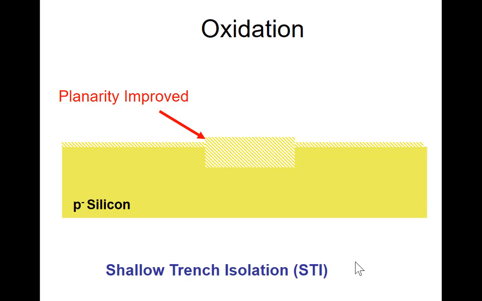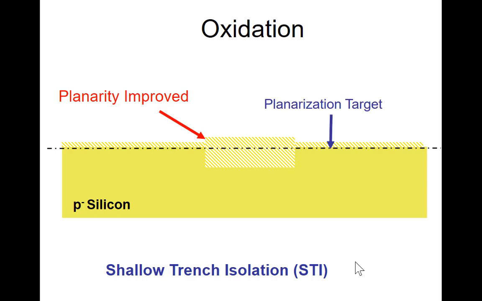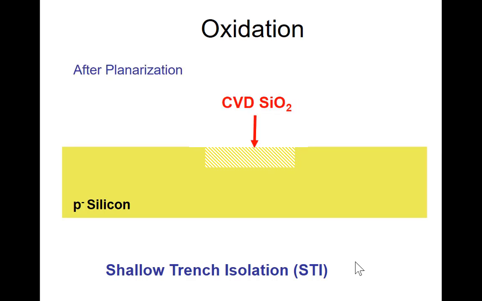All of these you can just take away, so that anything above that line is removed. Now you have just silicon dioxide from the shallow trench isolation, and silicon exposed on the surface again. Then you can put other stuff on it.